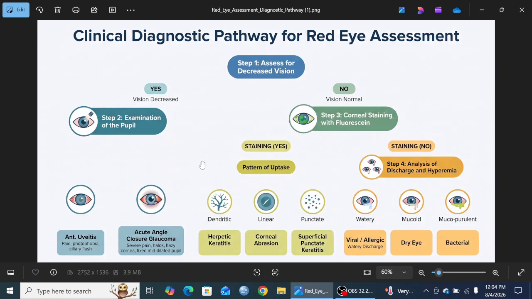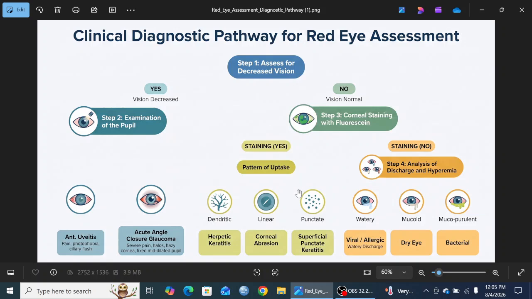In fact, after today's session, whenever a patient presents with a red eye, this entire algorithm could automatically start running in your mind. So, today's lecture is not simply about learning diseases, it is about clinical reasoning. I want you to think exactly like an ophthalmologist.